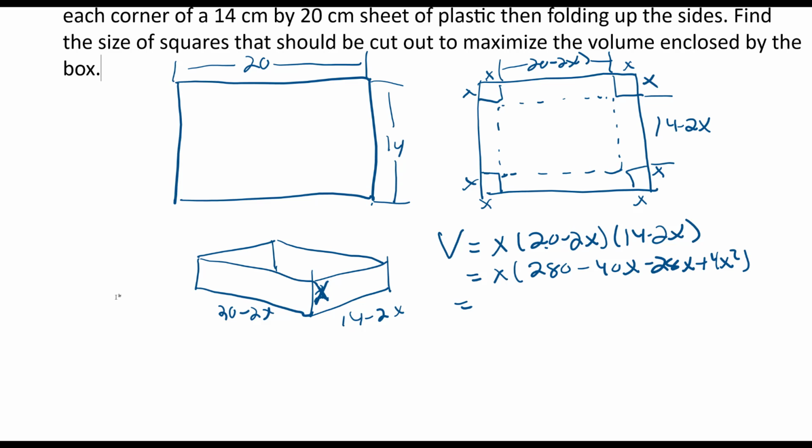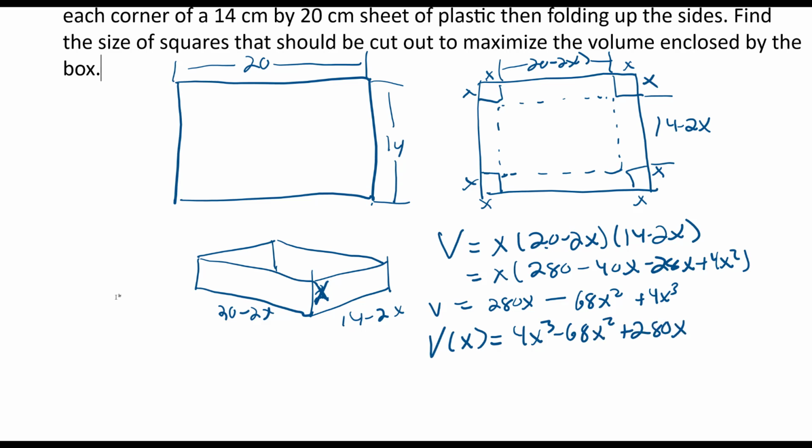Distribute that through: 280x, minus, I have a minus 40x and a minus 28x, which makes it minus 68x squared, plus 4x cubed. So that's our volume in terms of x. I'm going to rewrite this as 4x cubed minus 68x squared plus 280x.